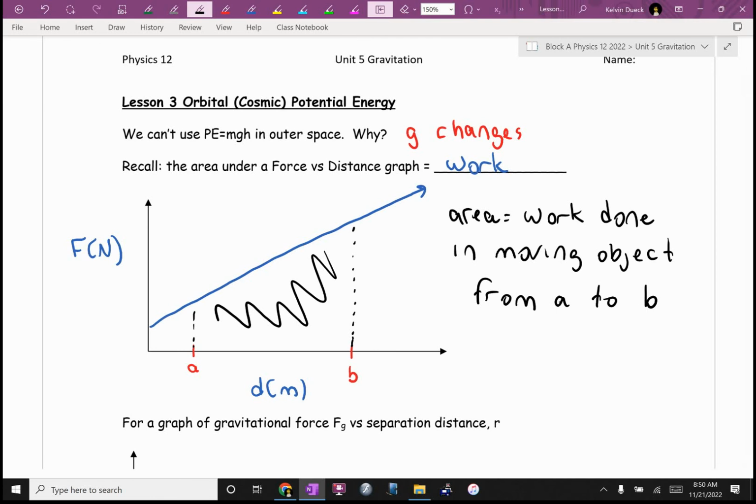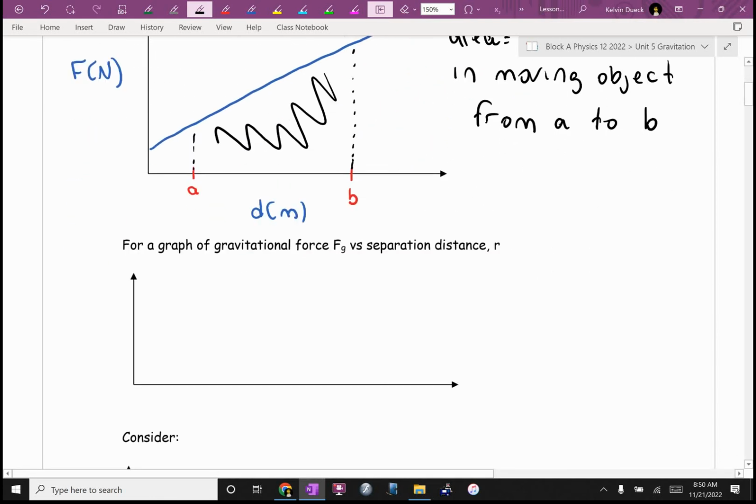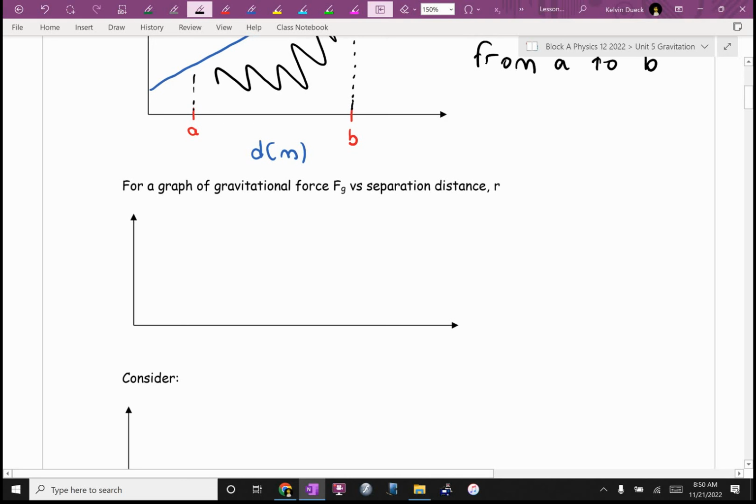We're going to now extend this to gravity. I'm going to put gravitational force Fg. So on the y-axis, can you put Fg in newtons? On the x-axis, instead of d, it's going to be r. What would this graph look like? Don't write this down, just look up.